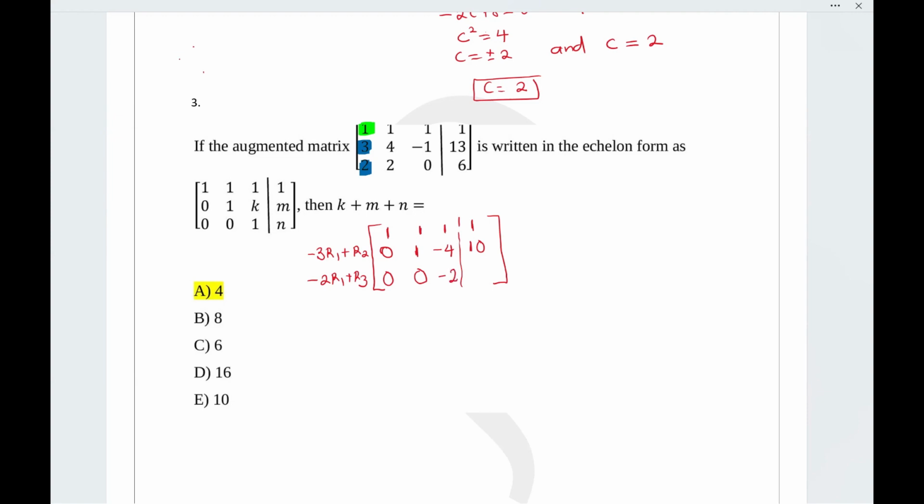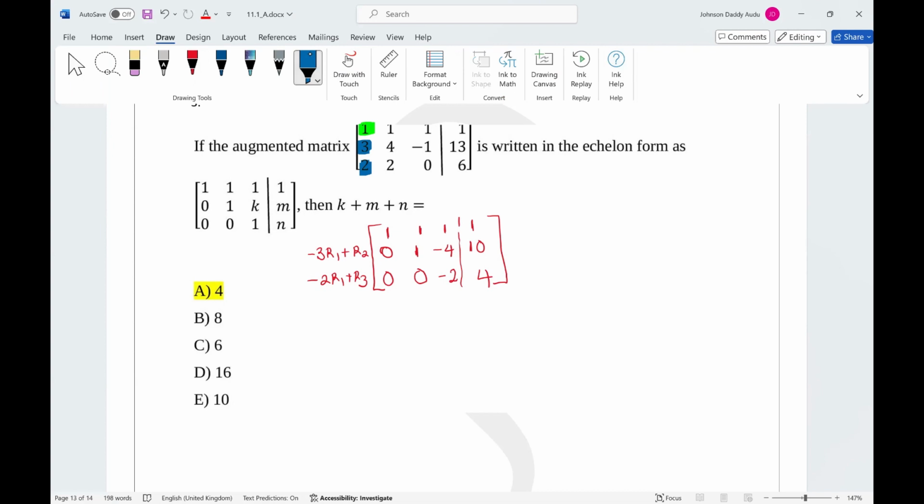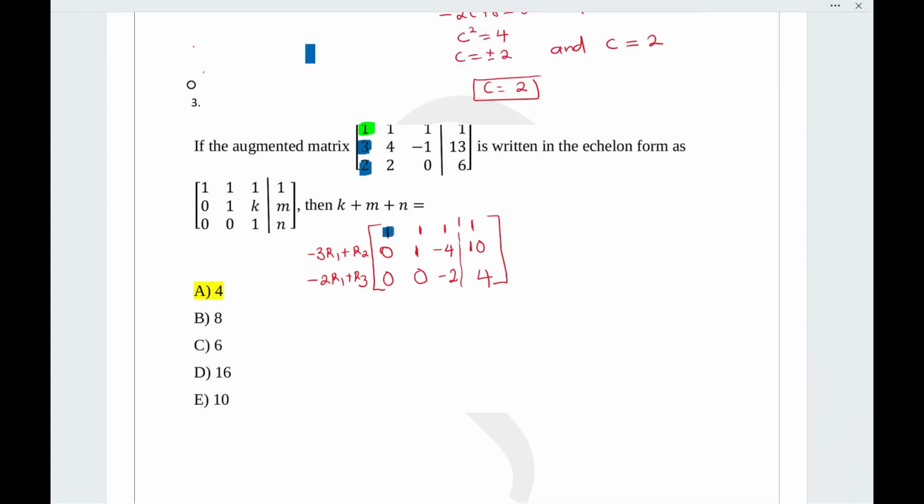Then -2 times 1 is -2. -2 plus 6 is 4, right? So you see that it's coming out little by little. This is 1 here. This is also 1 here.